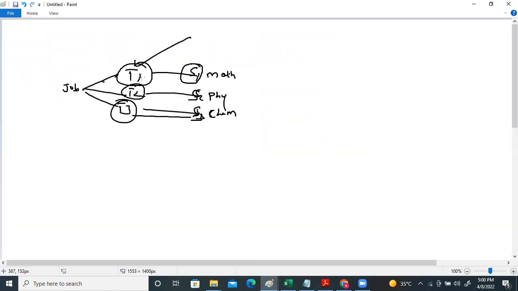So if three tasks are there, student 1, student 2, student 3. Student 1 knows only maths, it's a mathematical background student. Student 2 physics, chemistry. But what if student 1 knows maths, physics and chemistry? S2 also may know maths, physics and chemistry.